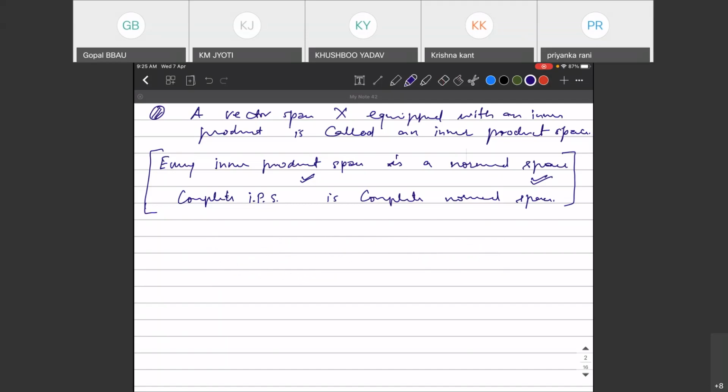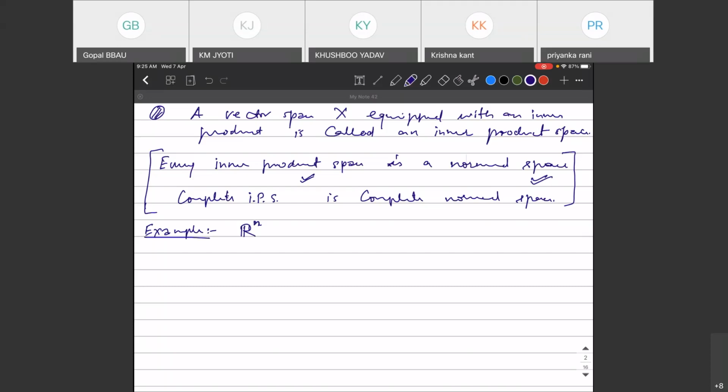So let's see some examples. The Euclidean space Rn. Let us define an inner product in Rn.